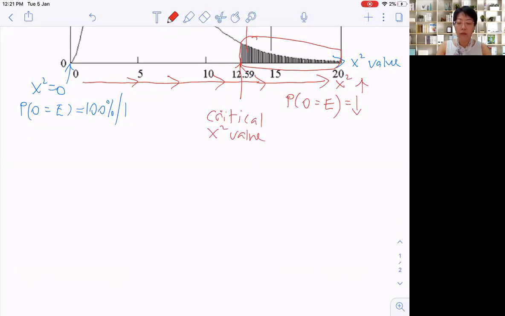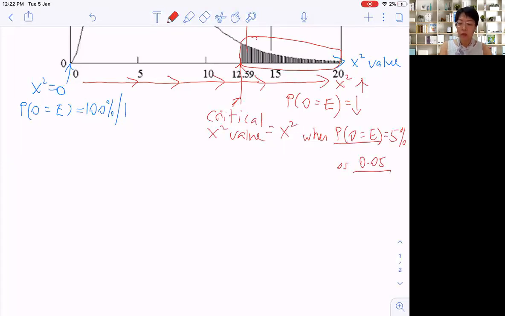Now, the critical chi-square value is the chi-square value where the probability of O equals E is exactly 5%, or 0.05. So at this point here, the probability of O equals E is exactly 0.05.